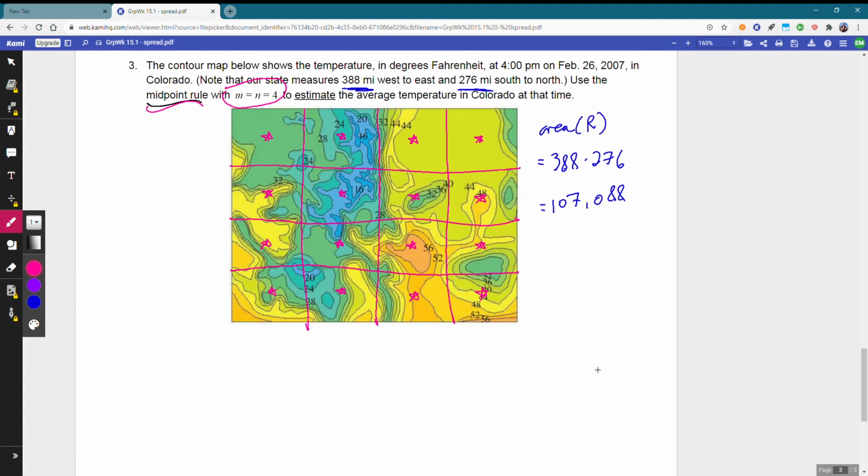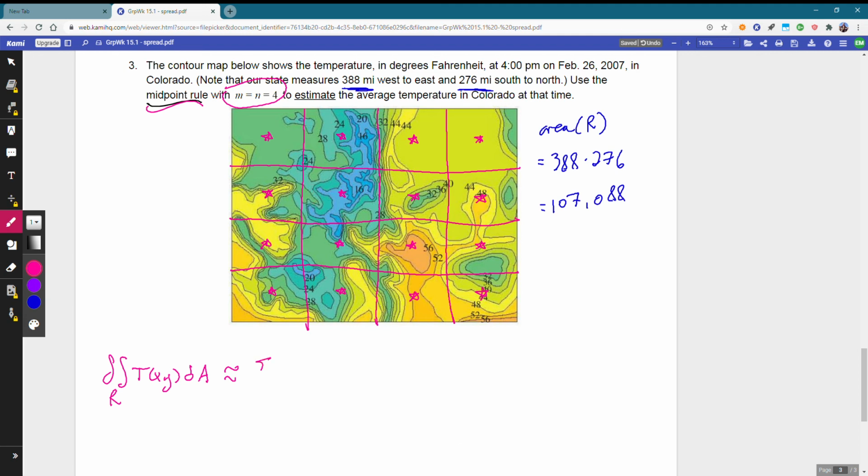All right, so let's see. Our double integral over a rectangle of our temperature function, we'll say it T of x, y, we're estimating by adding up all of our function values.